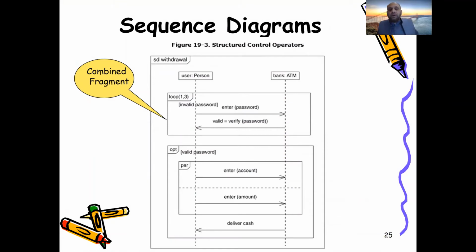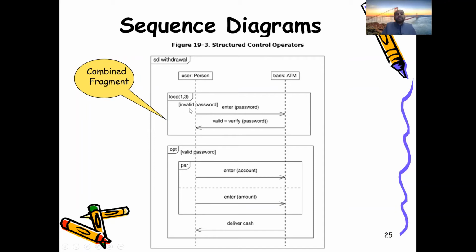Now, coming on to some nitty-gritties of the sequence diagram. These boxes are called combined fragments, and there are various kinds of combined fragments. For example, this box is showing that these activities are to be done up to 3 times, minimum 1 and maximum 3 times.